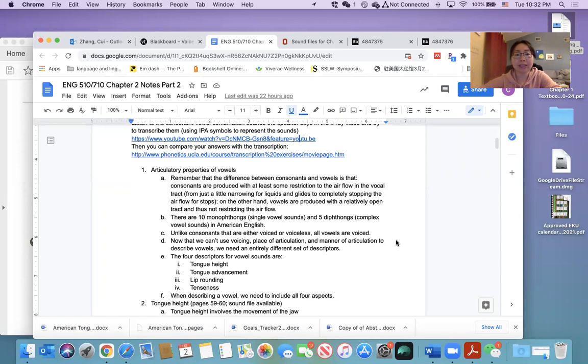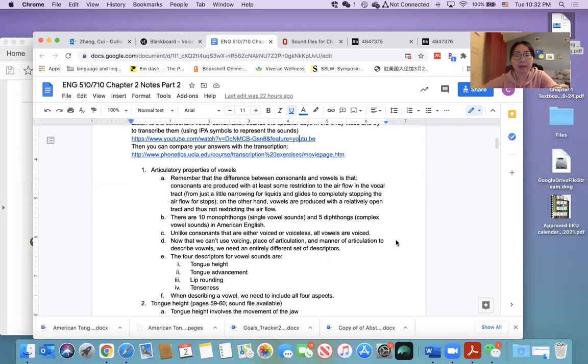They include tongue height, tongue advancement, lip rounding, and tenseness. There are 10 monophthongs. Monophthongs are single vowel sounds, and 5 diphthongs, which are complex vowel sounds in American English. Our textbook focuses on American English, and that's what we will focus on in this class.